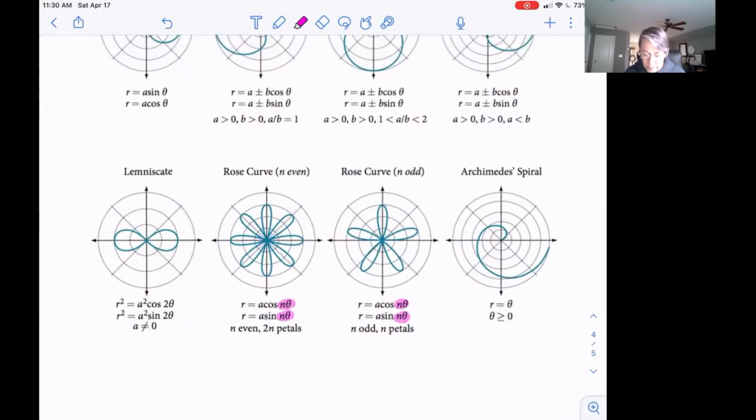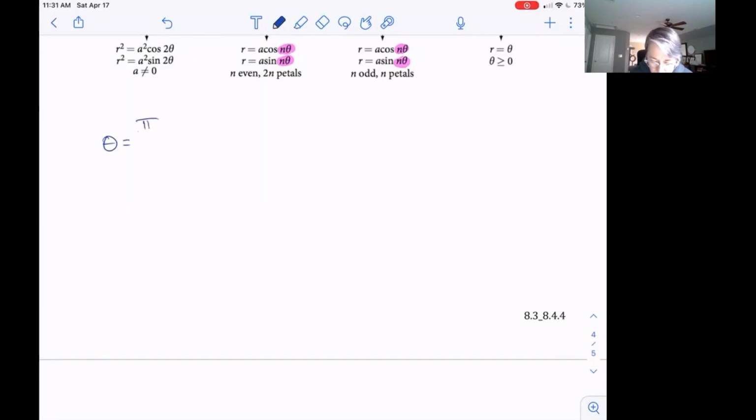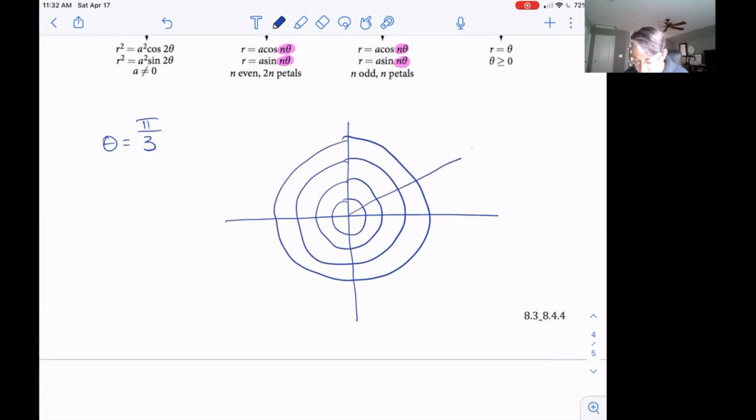And we've done, like I said, we did a circle on one of those examples. The only other one that I might show you is if you have something like theta equals pi over 3. So we have here, this is pi over 6, up here, pi over 3. All that we know is that our angle is pi over 3. All that means is our radius can be anything.